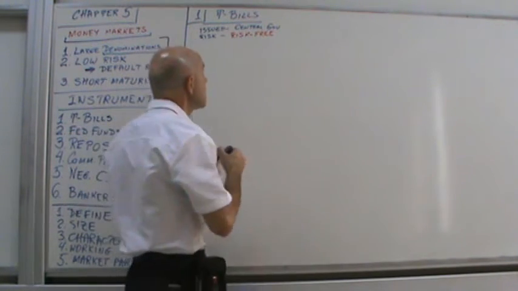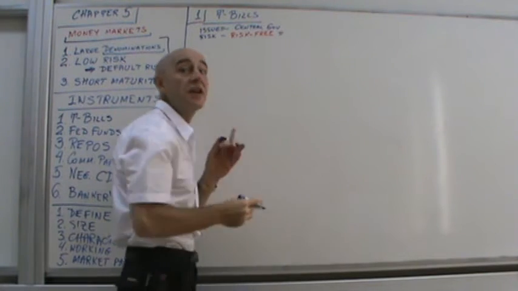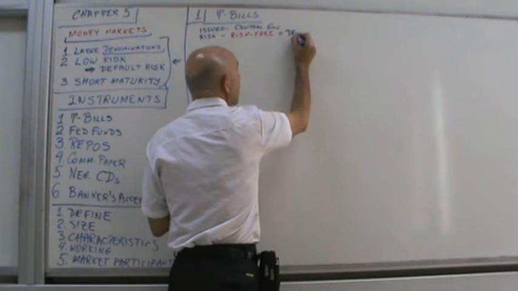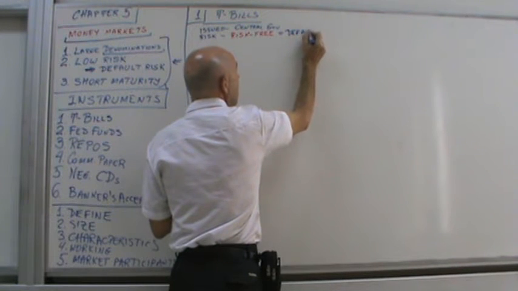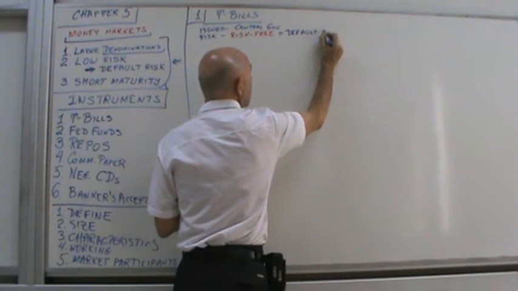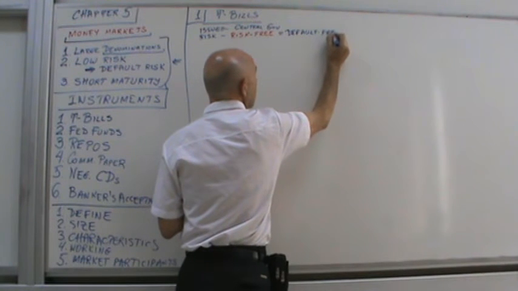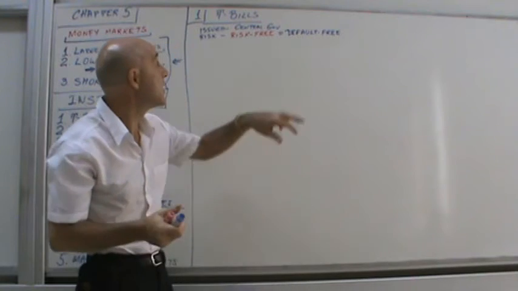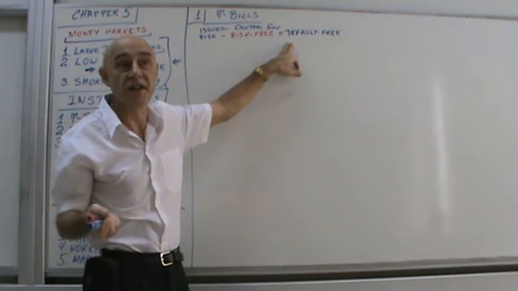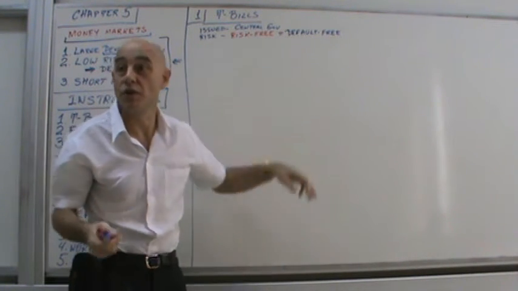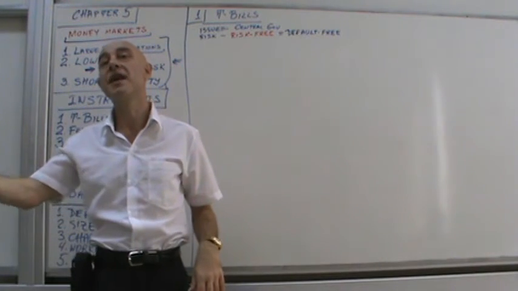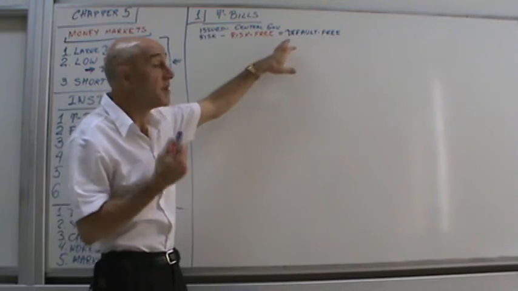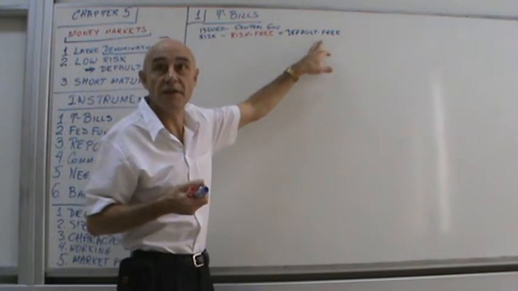All it means is that they are default-free. That's basically true because it doesn't matter how much money the government owes, it can always print the money and pay back. It has control of its own printing press. So the government will not default.